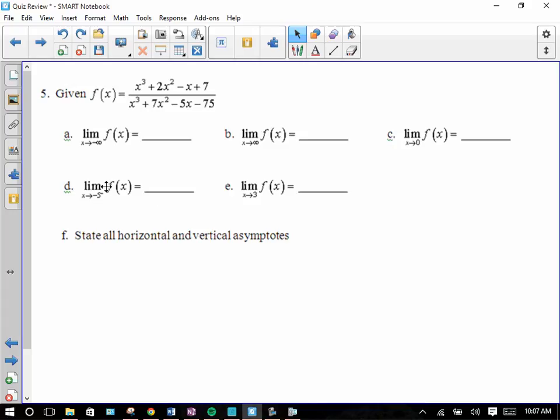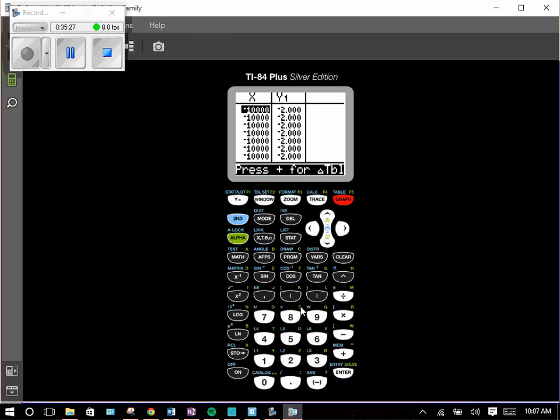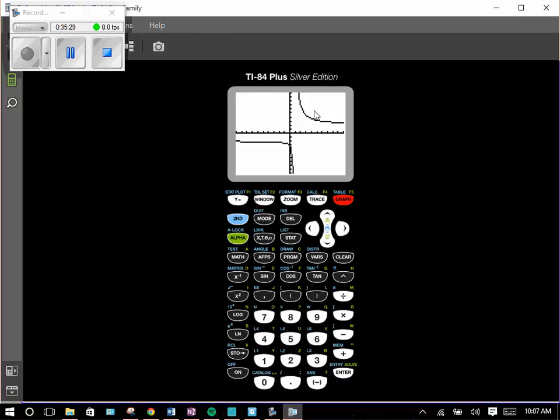And then on these ones, you just have to move around your graphing calculator and see what's up. You can get the vertical asymptotes from the calculator. You can get the horizontal asymptotes just by looking at the end of the graph. So that's a pretty simple problem. Here's one right here.